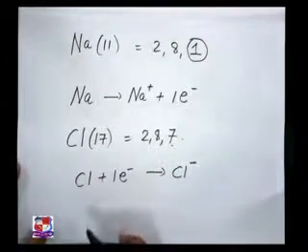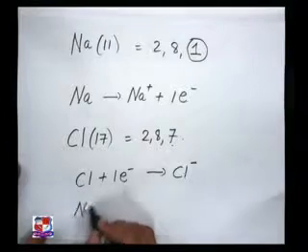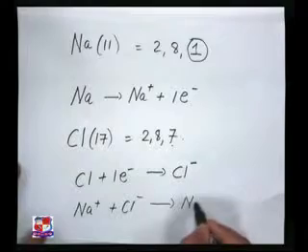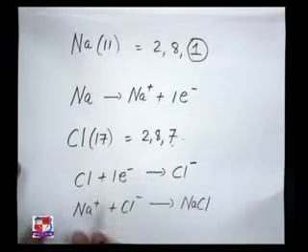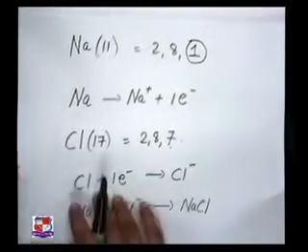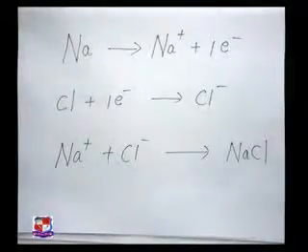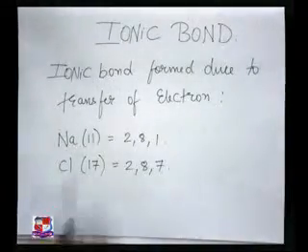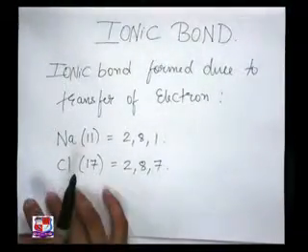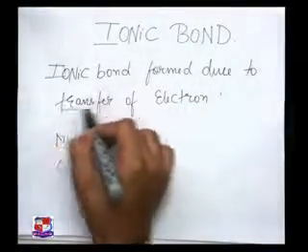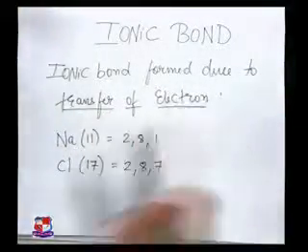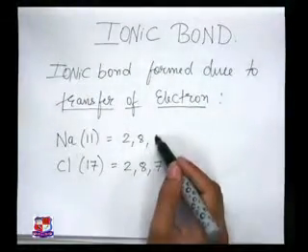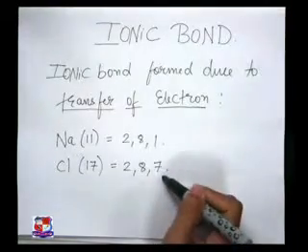Due to this, your Na plus and Cl minus together form the compound NaCl, that is sodium chloride, your common salt. That is the example of an ionic bond. See here, very important, it is formed by the transfer of electrons. How is the transfer done? In this case, one electron of sodium is transferred to chlorine.